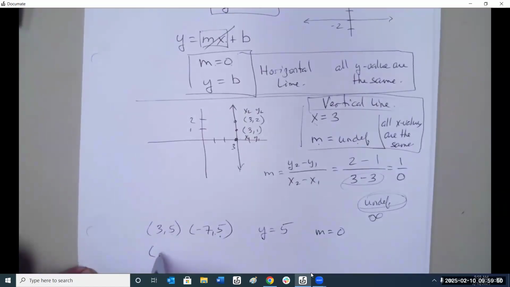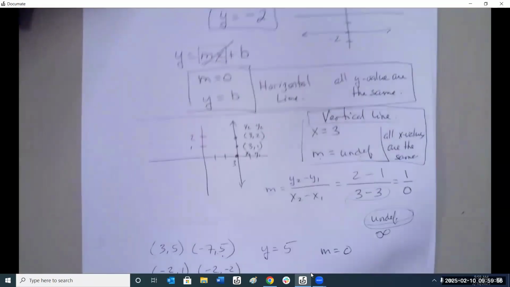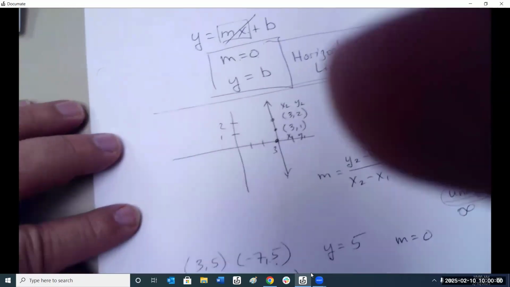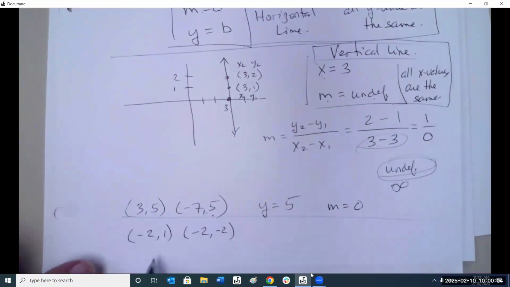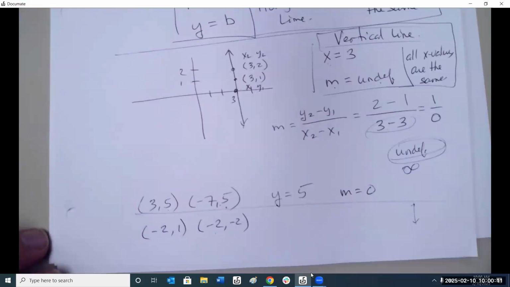Or if I give you -2, 1, -2, -2, what can you tell me about that? Yeah, since the x values are the same, it's a vertical line. What's the equation going to look like?